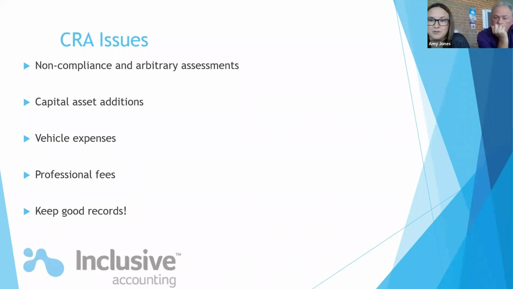Same with professional fees. If you have any professional fees, accounting fees, legal fees, anything like that, they are sometimes also auditing those amounts as well. So what it really boils down to is just keep good records. As we mentioned before, make sure that you have all your receipts and you keep them organized. So if CRA does ever come knocking on your door, you have a receipt to provide them to prove that it's right.